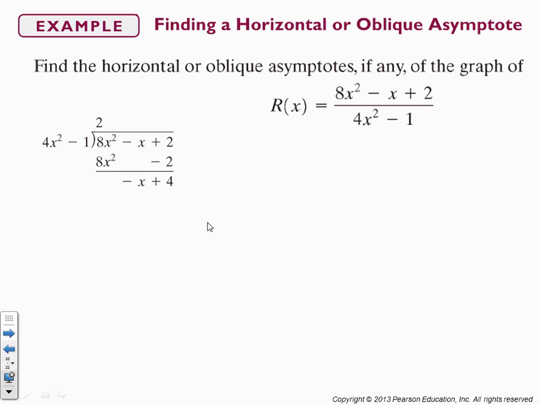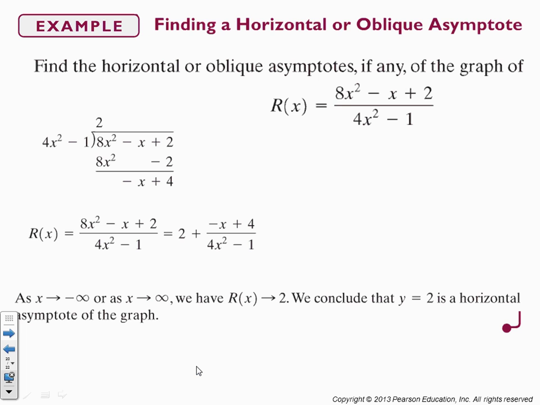So this is a case where I get a constant. So the full answer is 2 plus negative x plus 4 over 4x squared minus 1. So when we wrote down the rule, we said that our horizontal asymptote would be at y equals whatever our constant is.